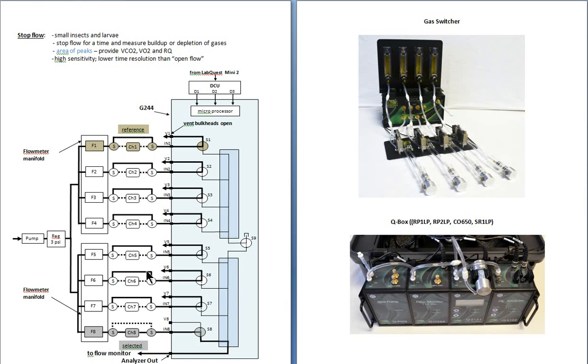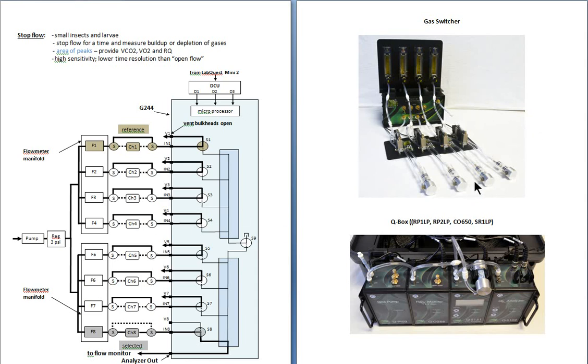So the gas coming out of the flow meter can either be shorted back to the switcher. This is shown as a 4-channel switcher. Back to the input. The non-selected ones are vented through the open vent ports. The selected chamber, its gas comes out the analyzer out port and is passed back to the Q box for analysis.